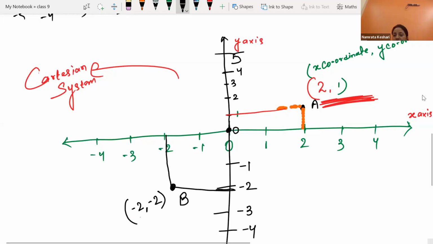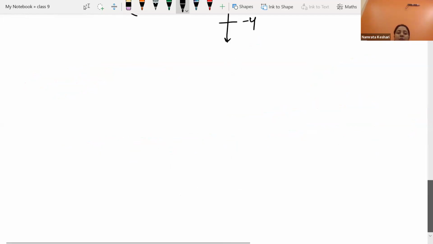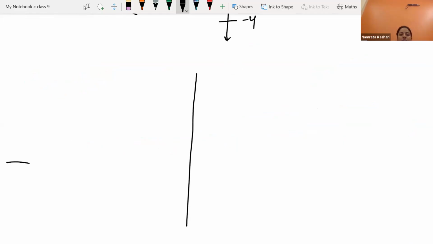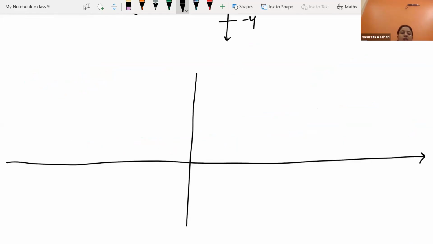Okay, if you are getting it, then let's find the coordinates of a few points. One by one you will tell me what the coordinates are. I'm drawing the same coordinate axes again, x-axis and y-axis.